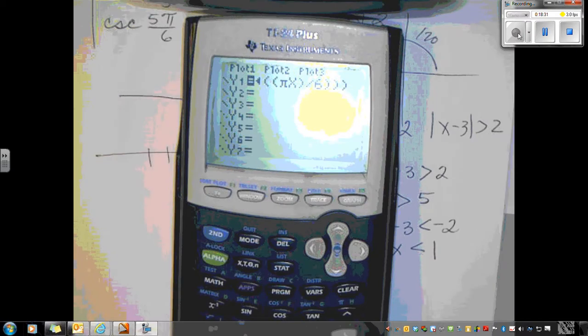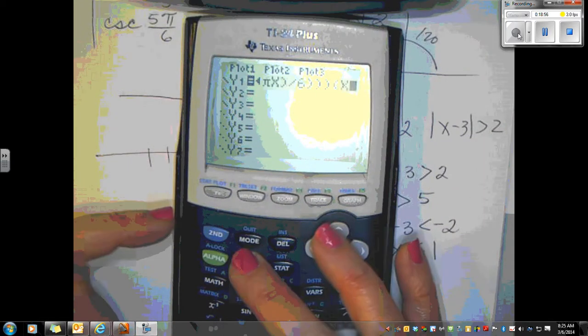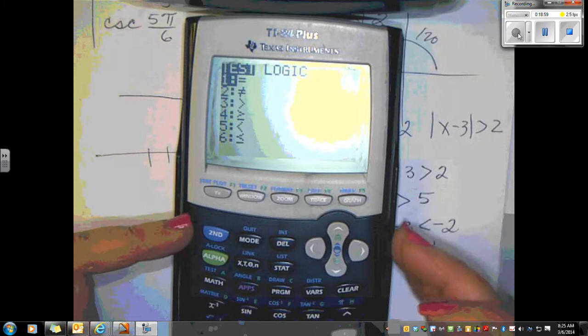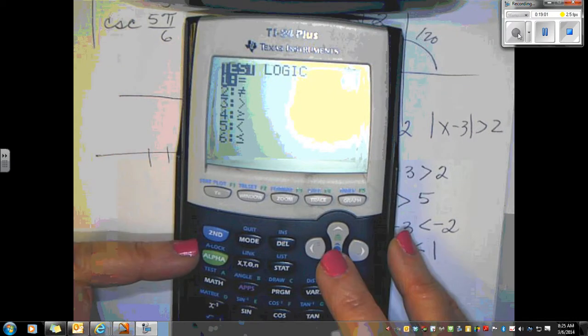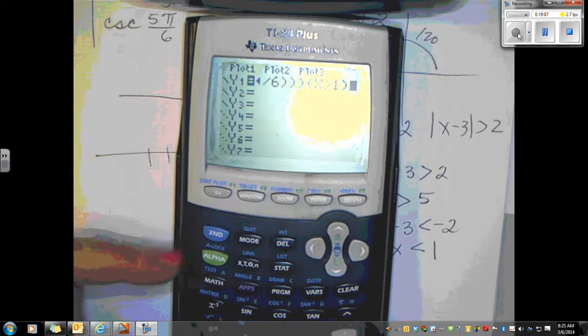Okay. Now, we need this to be when we're in between 1 and 5, right? x has to be less than 5, but x also has to be greater than 1. And you don't want to put greater than or equal to. Just listen to me. So, we're going to say, parentheses, x, second math, x is greater than 1, parentheses.